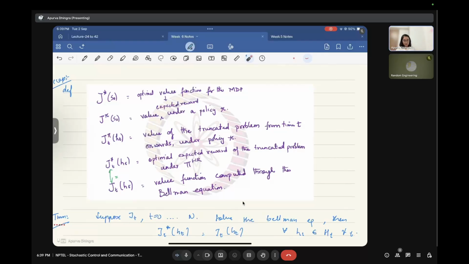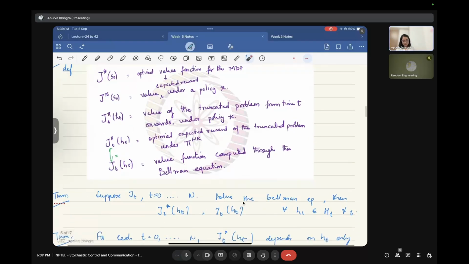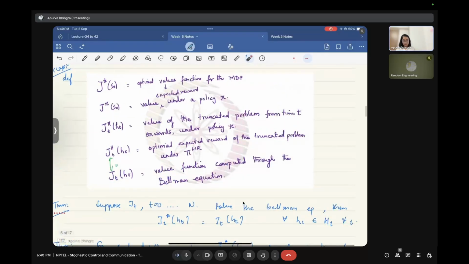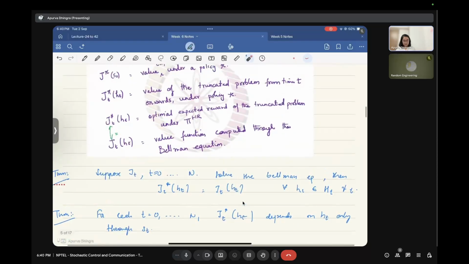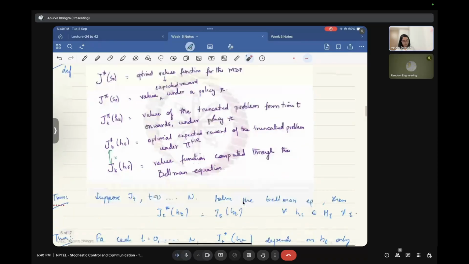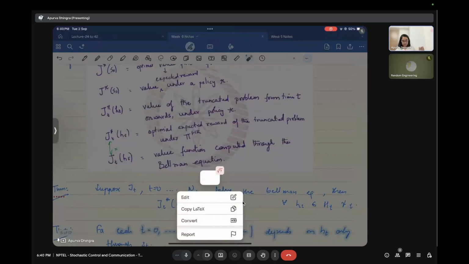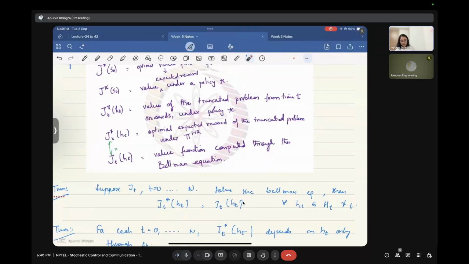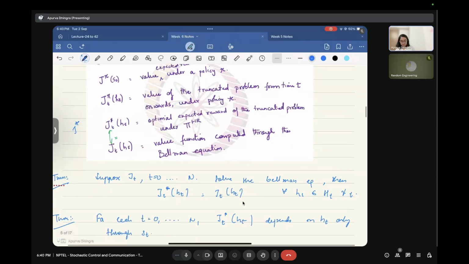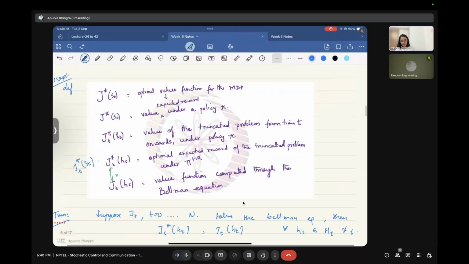And it turns out the optimal value function only depends on j star t of st, and when you've solved this for all t, you'll end up reaching this scenario, because you would have solved from time t equal to 0 till n minus 1, all of it.